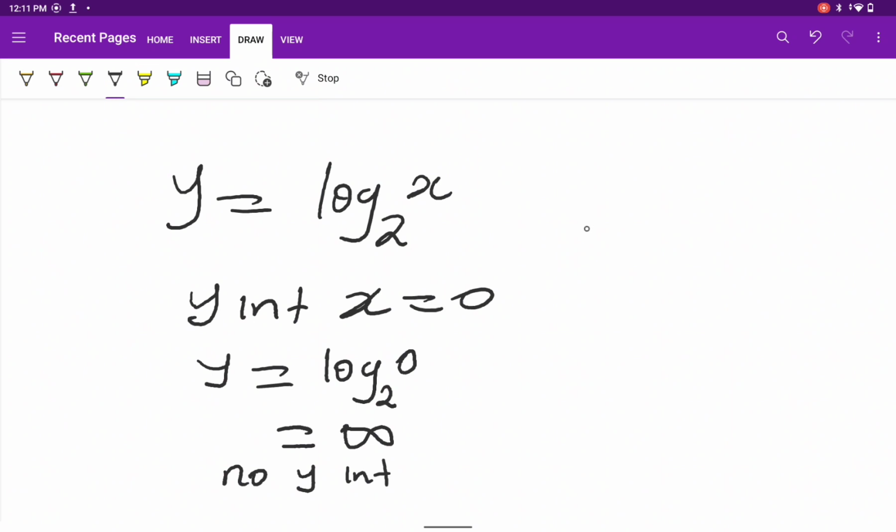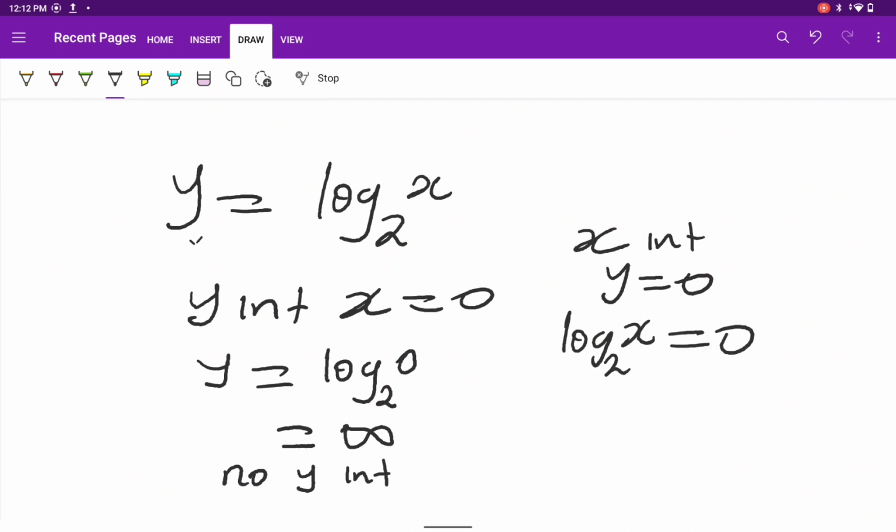Right, now let's go to the x-intercept. We know that the y value is 0, so we will put a 0 on y. So we will have log x base 2 equals 0. We want to solve for x, so the best way here is to change from log form to exponential form.